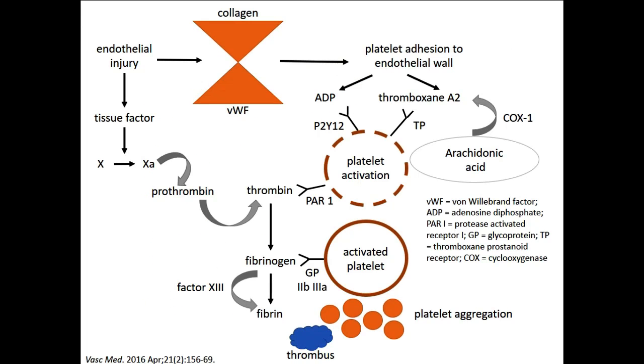Before we jump into prevention and treatment options, let's quickly review the pathogenesis of atherosclerosis to get a better understanding of how the pharmacologic therapies we have to treat PAD work.